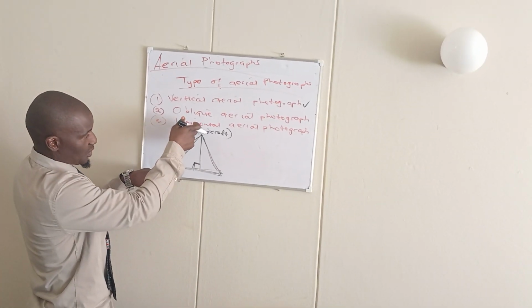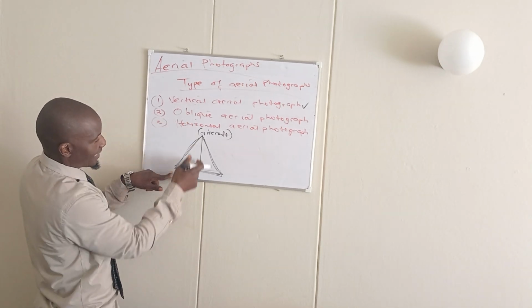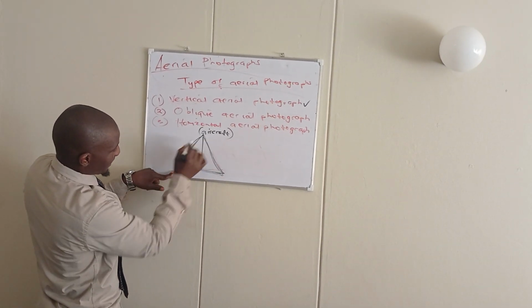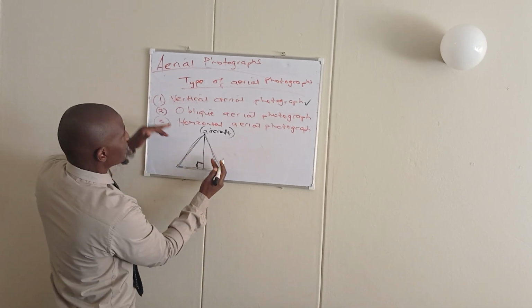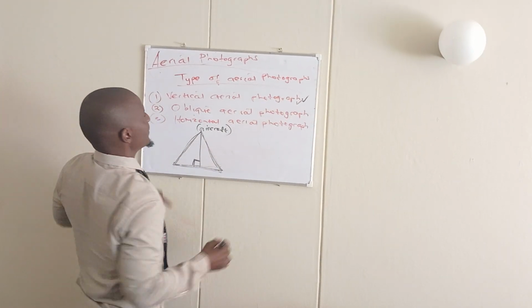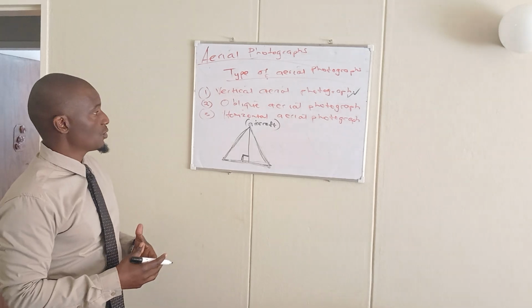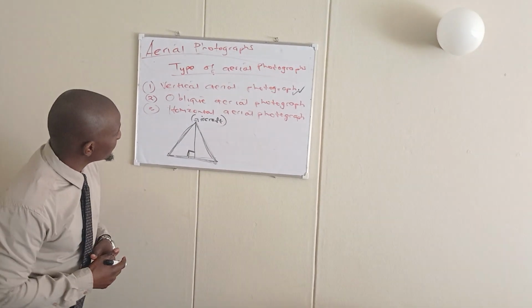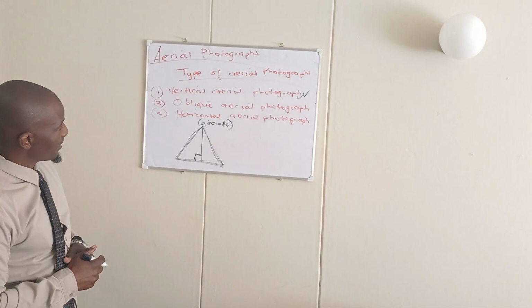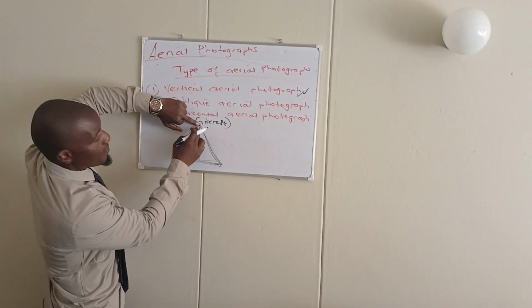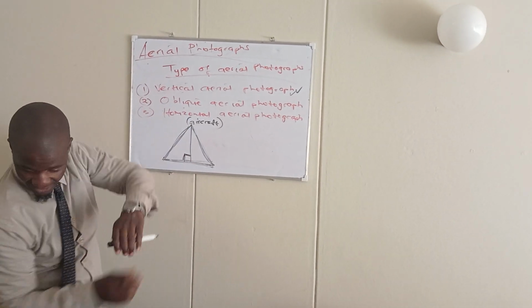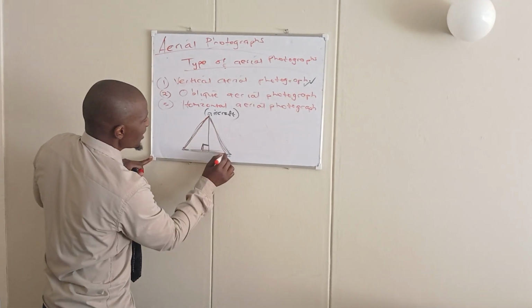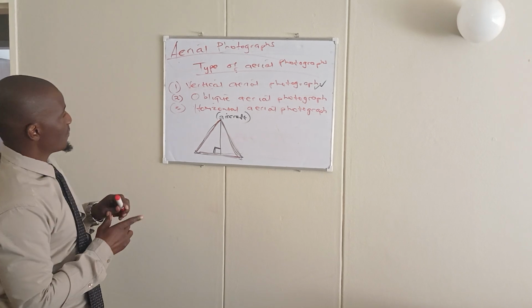From the vertical, this is the part that is being captured. So it gives us an aerial view, a top view, because it is taken from above.